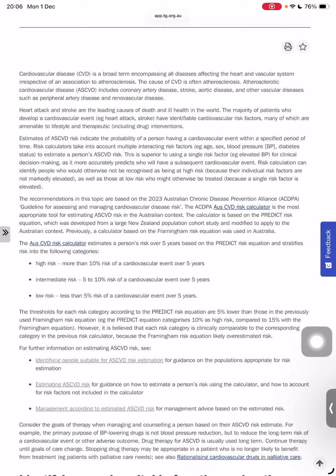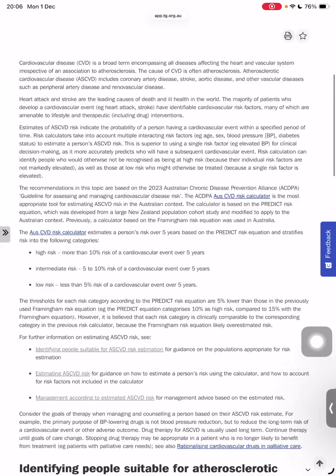A risk calculator takes into account multiple interacting risk factors like age, sex, blood pressure, and diabetic status to estimate a person's ASCVD risk. This is superior to using a single risk factor for clinical decision making, as it more accurately predicts who will have a subsequent cardiovascular event.